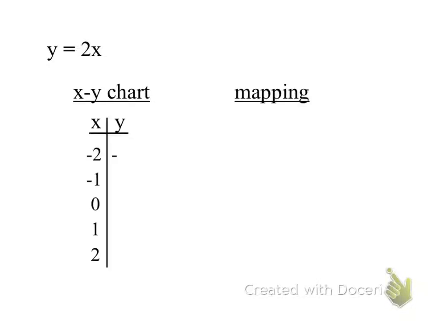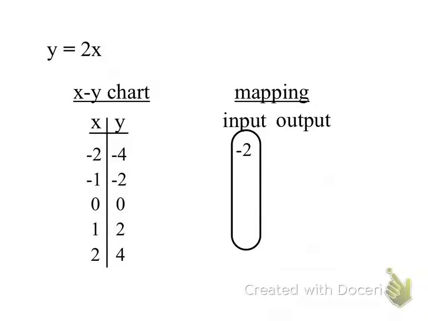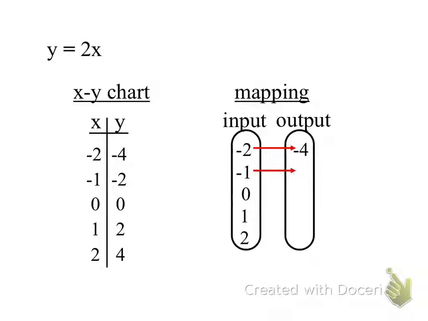We did some looking at X and Y charts and looking at mapping. Remember, we could take our X and Y chart and put it into this kind of mapping where you list all the possible X's once, all the possible Y's. And what 2 arrow -4 means, that's an ordered pair. Do you guys remember that?